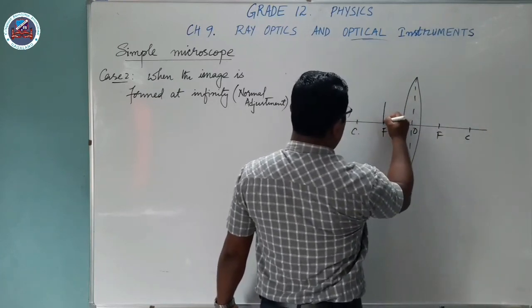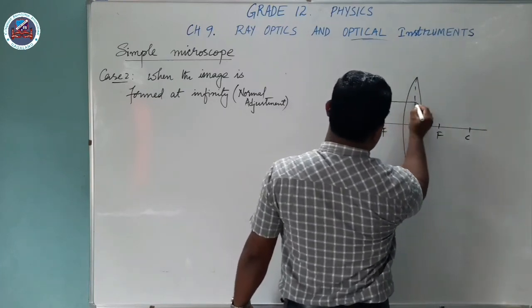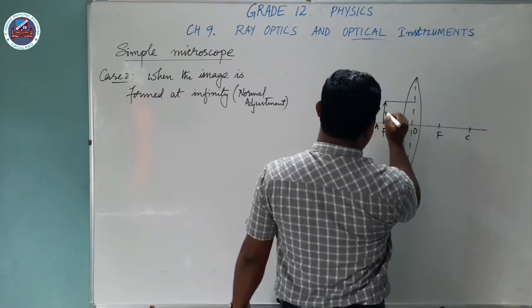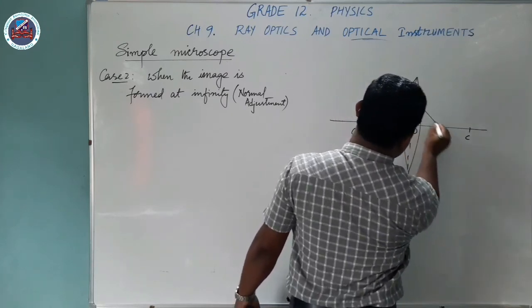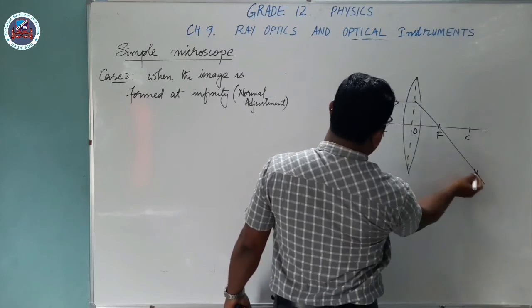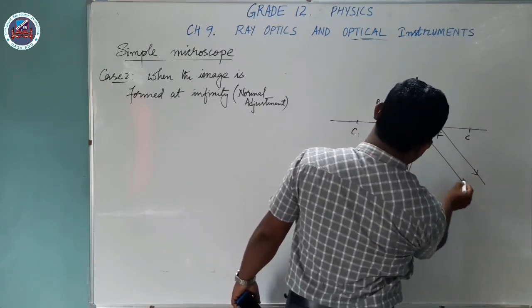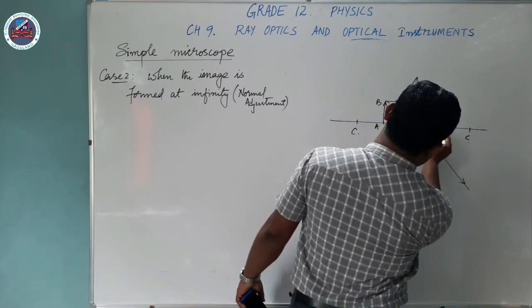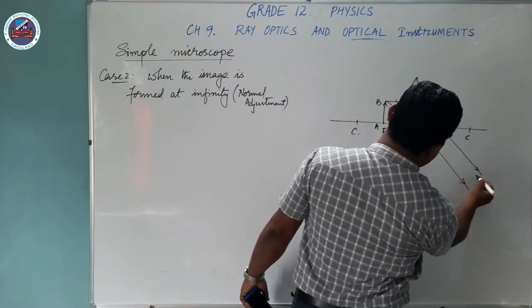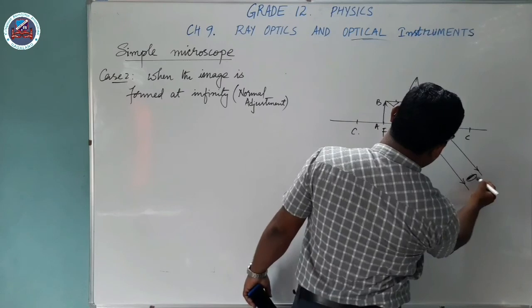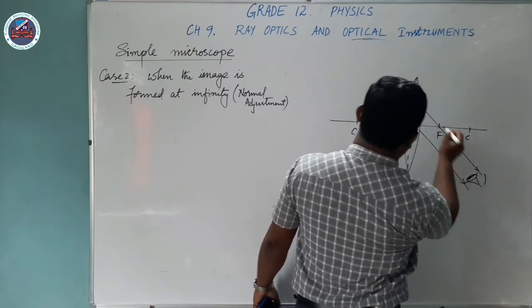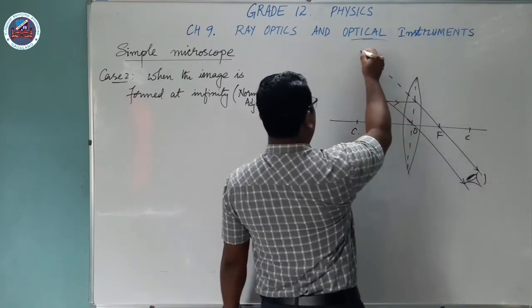If I keep the object at the focus, the ray that will start from the object will pass through the focus. Then the second ray, if it passes through the optical center, will just go straight. These two rays will be parallel to each other. If you look at the image from here, you will find that the image is formed at infinity.